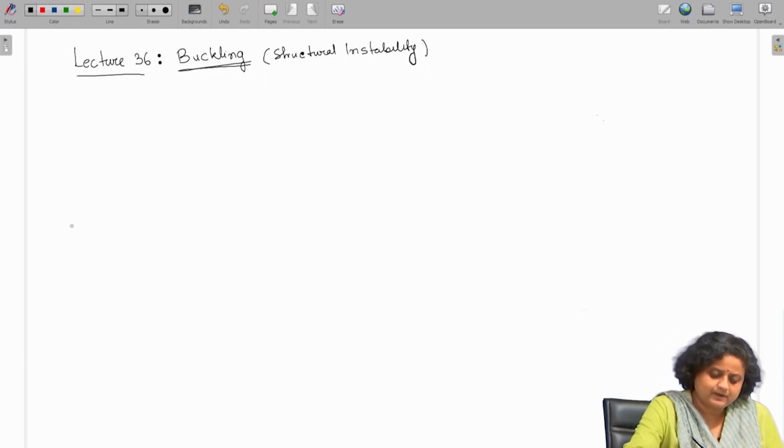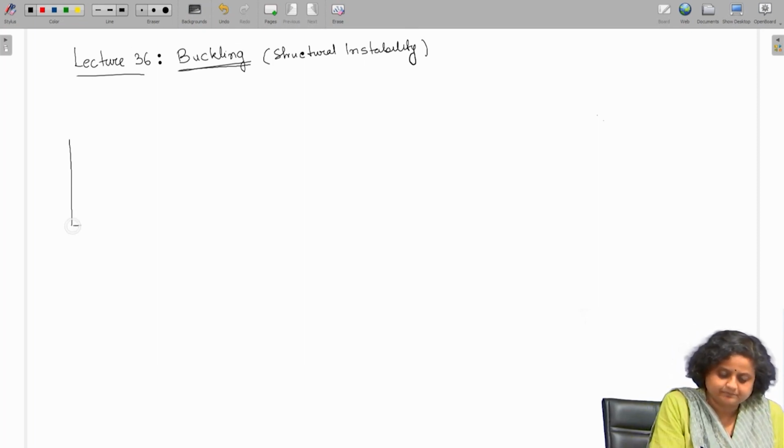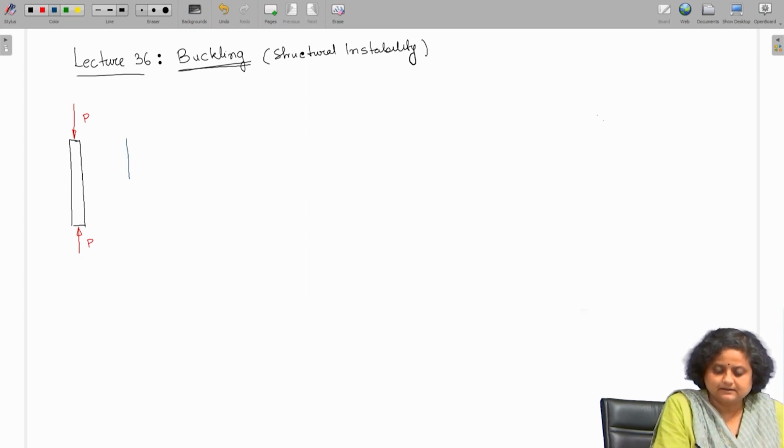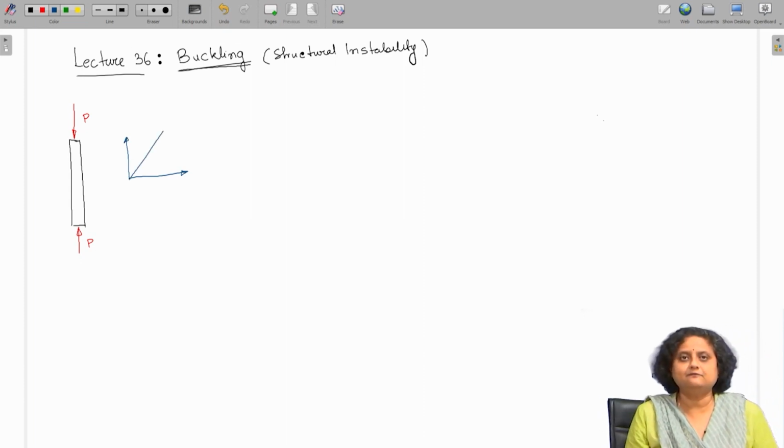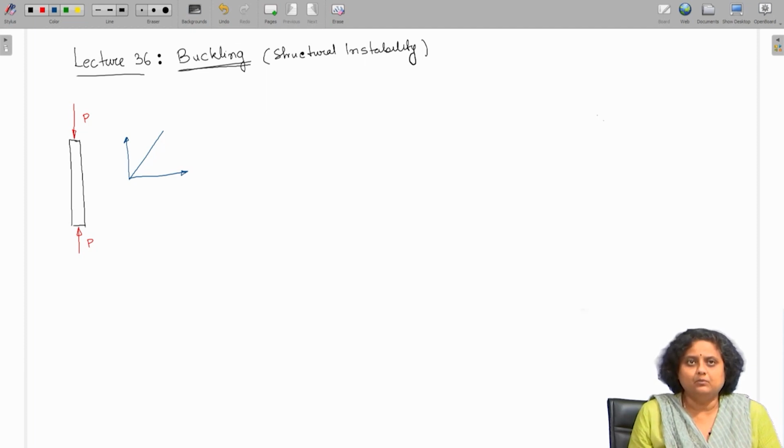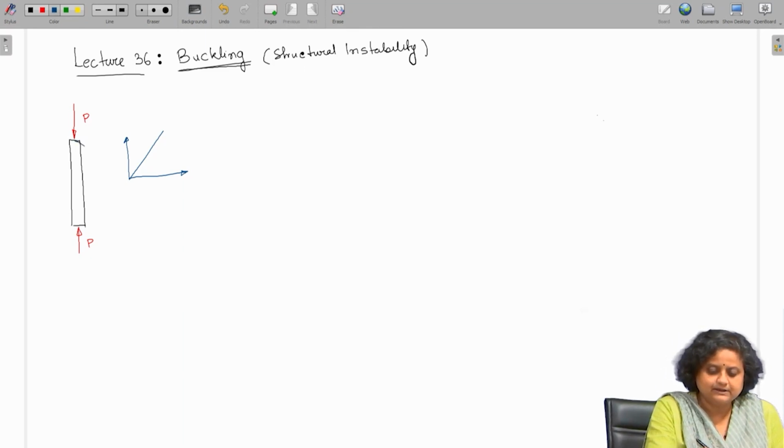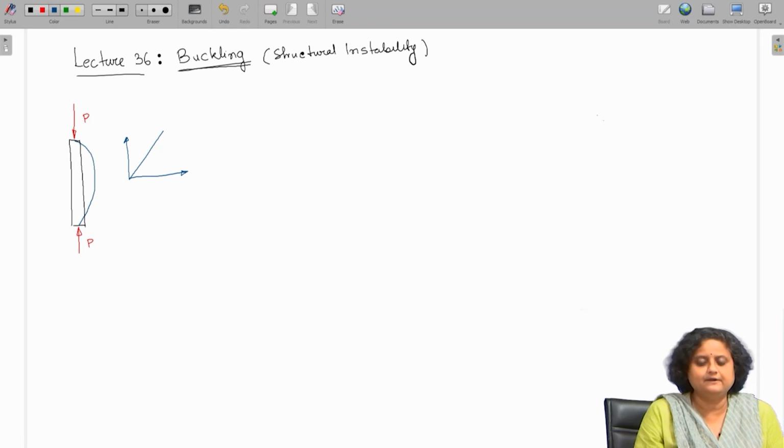So, what happens is that if we have a slender column, and if we apply an axial compressive load, let us call it P, and let us increase P gradually, then at a certain value of P, that is called the critical load, the column starts to bow or buckle and thereby undergo large deformation, which will lead to large stress and strain and eventually the failure of the structure.